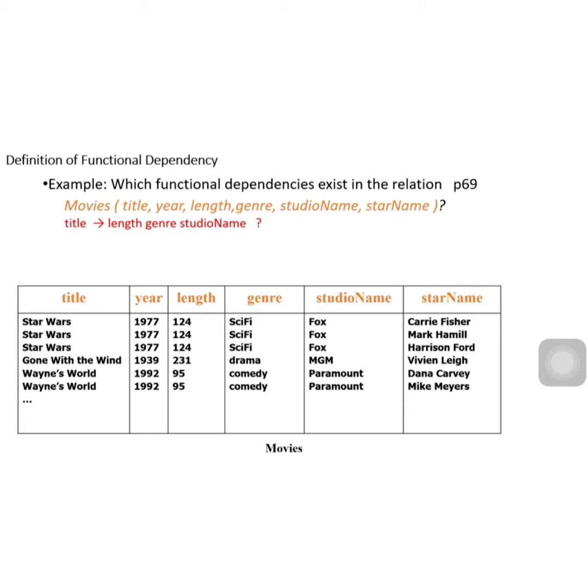If we just look at this sample, we'll find that any two tuples with the same value in title have the same value in length, genre, and studio name. Maybe you will tell me it holds in this relation.